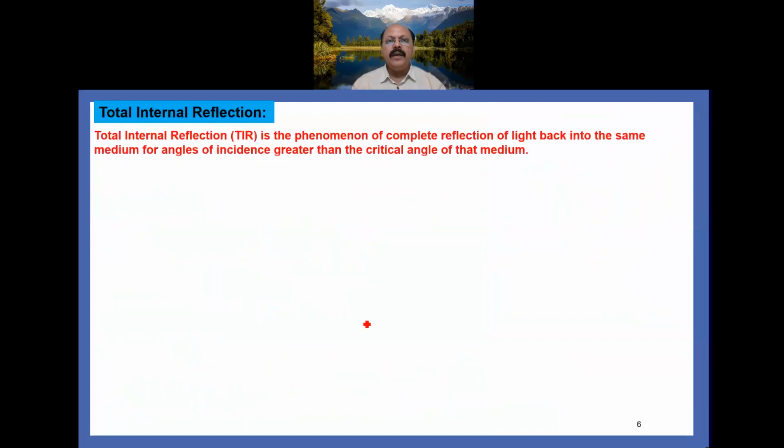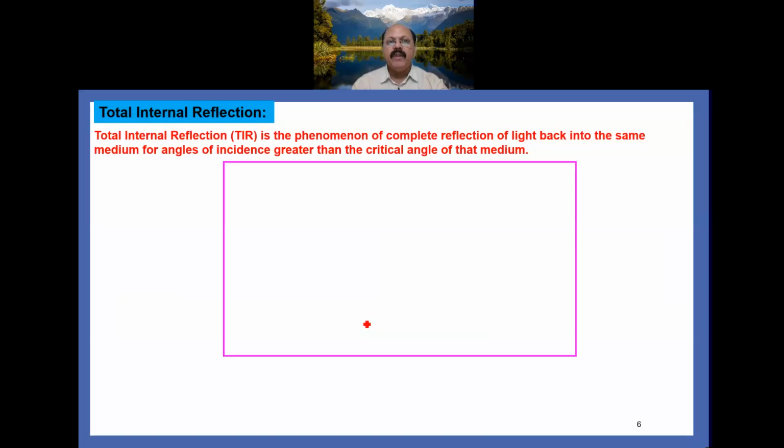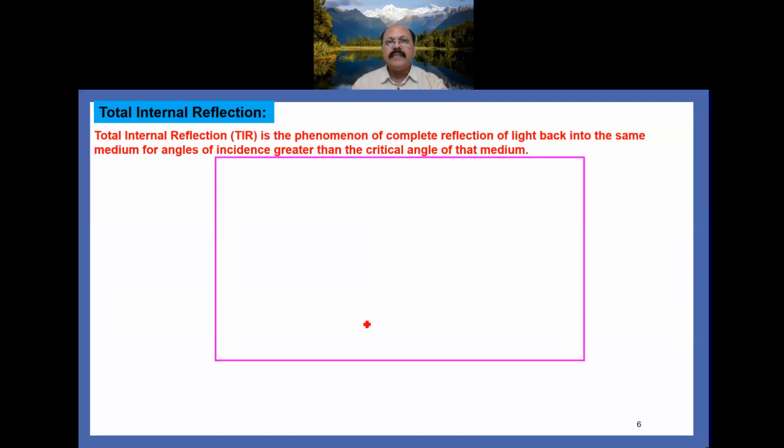Now total internal reflection. Total internal reflection, which we also call TIR, is the phenomenon of complete reflection of light back into the same medium for angles of incidence greater than the critical angle for the pair of media in contact.